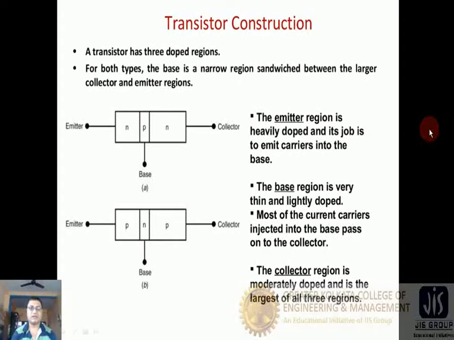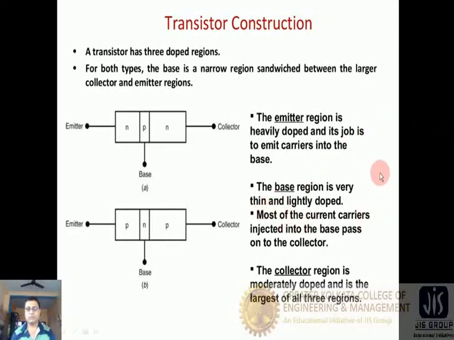A transistor has three doped regions for both types. The base is a narrow region sandwiched between the larger collector and emitter regions. The emitter region is heavily doped, and its job is to emit carriers into the base. The base region is very thin and lightly doped.